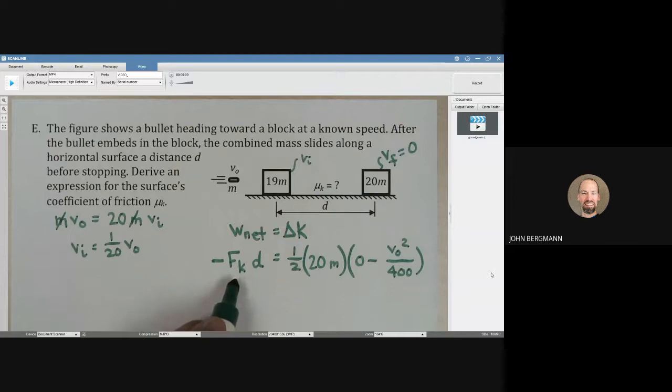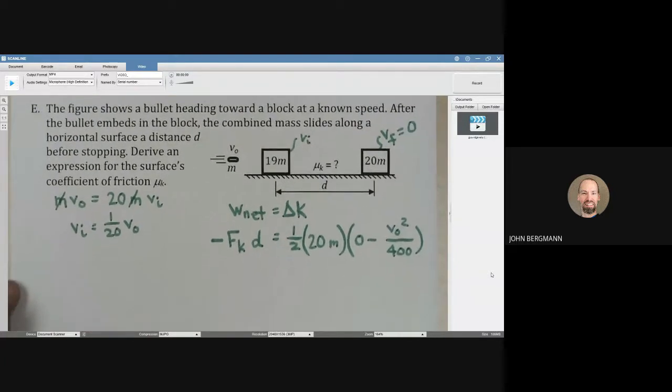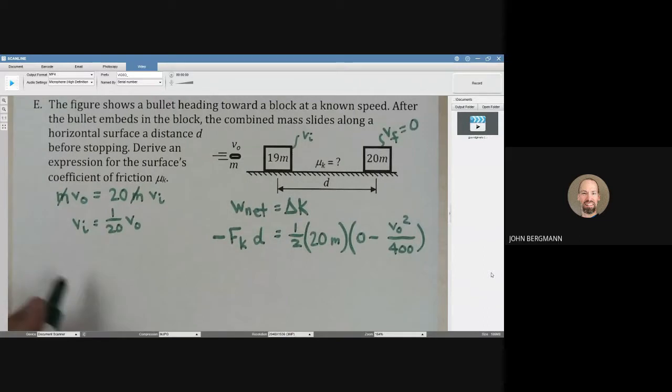All right, what is the friction force equal to? The friction force is always equal to mu sub k times the normal force. If we were to draw a free body diagram as this mass slides, we've got mg, which is actually 20 mg right there. That's the weight. Then we've got the normal force right there.